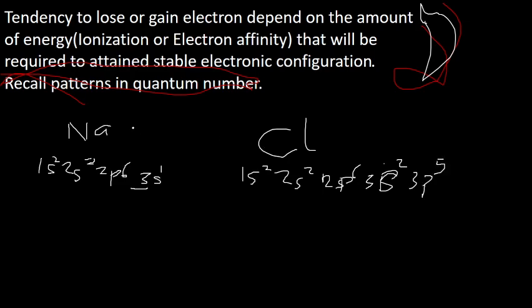Now, for these two atoms here, they are in period 3, if I'm not mistaken. So this one has achieved its own full electronic configuration. Are you getting me? It has 2 electrons in this one, then 1 electron in this one. Now you will see what I'm talking about, please.